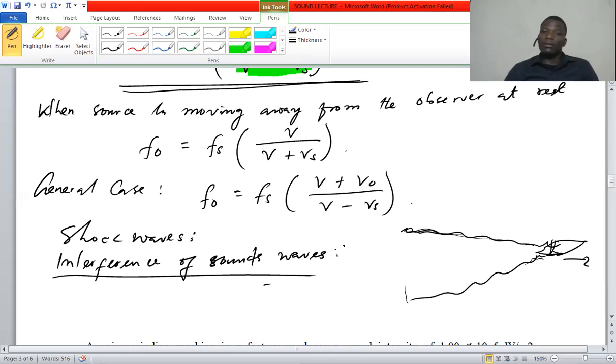This can only happen when the crests of these two waves meet, and the troughs also meet. But when the crest meets the trough of another wave, you're going to have a destructive interference. It's either the wave is not going to be there, or it's going to be there but with a small amplitude, more like destroyed.